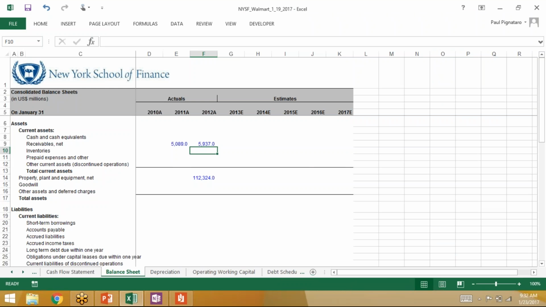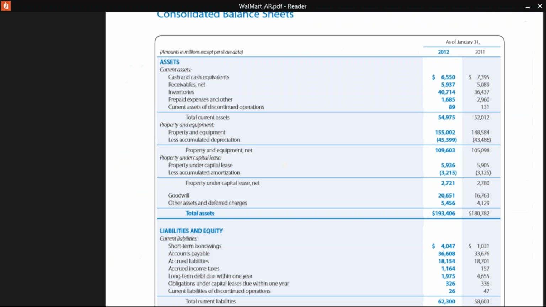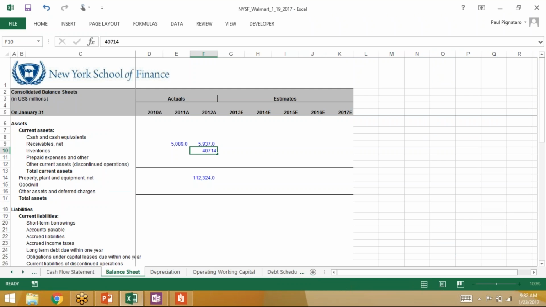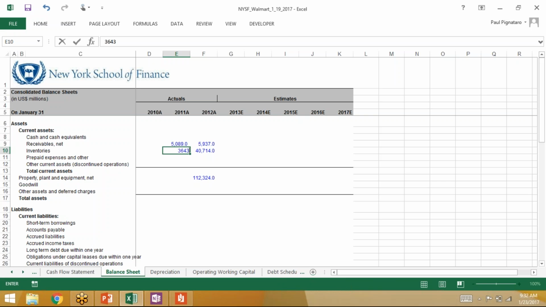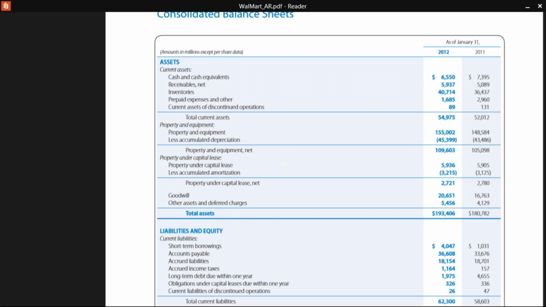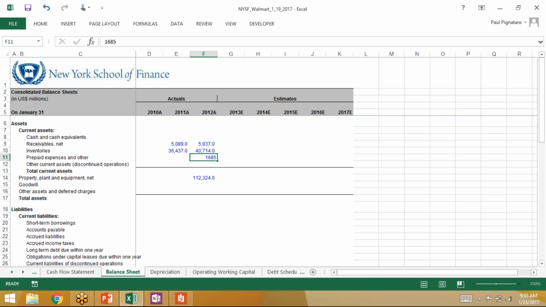Inventory is 40714 and 36437. Prepaid expenses is 1685 and 2960. Just make sure you got that. I can zoom in for you a little bit.